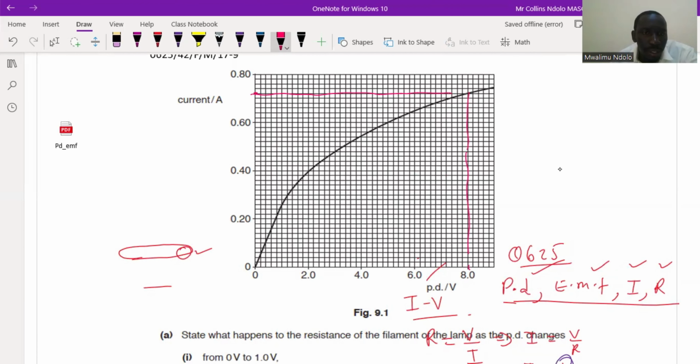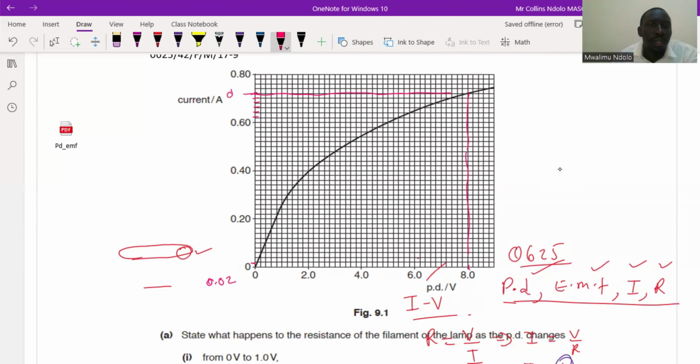On the y-axis, each small box represents 0.02. So that means here we have 0.62, 0.64, 0.66, 0.68, 0.70, that is 0.72.